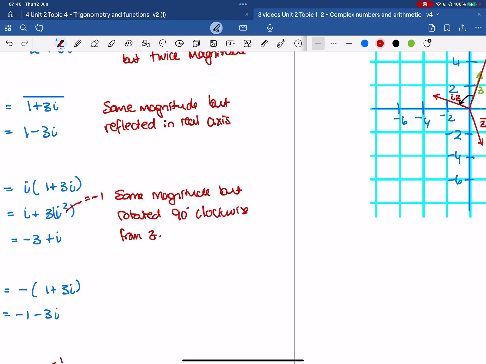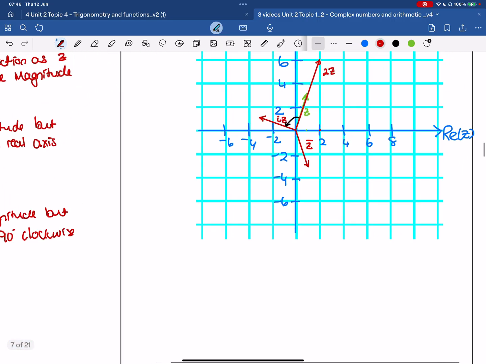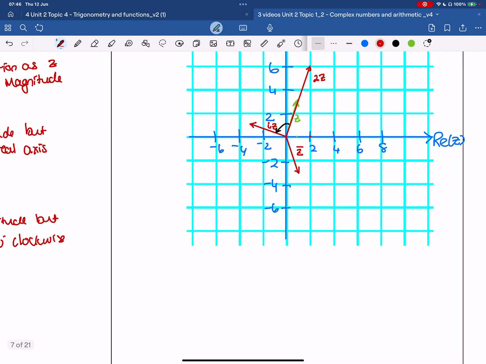Okay, now if I have negative z, well, that's negative 1 minus 3i. So we go negative 1 minus 3i, and that's sitting over there. So negative z, well, I have changed the direction, completely the opposite direction.